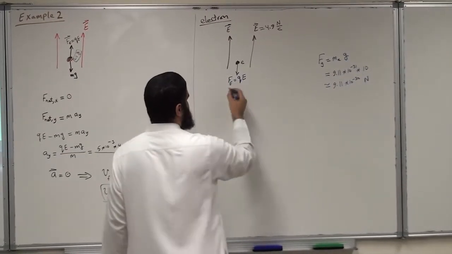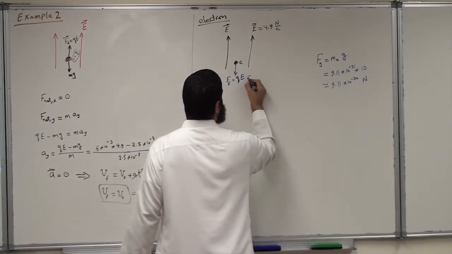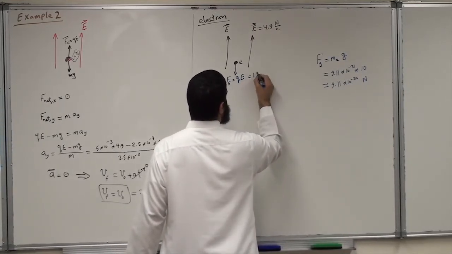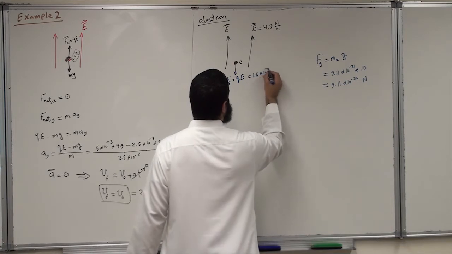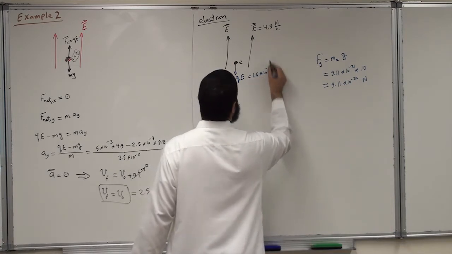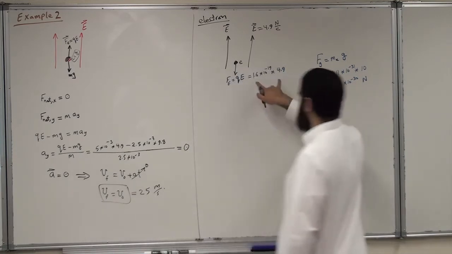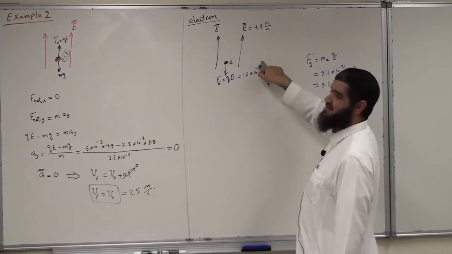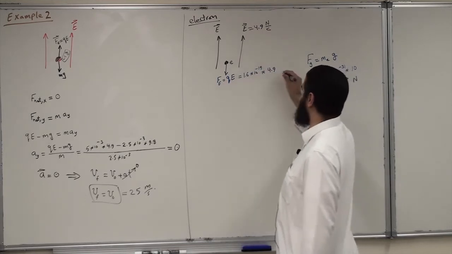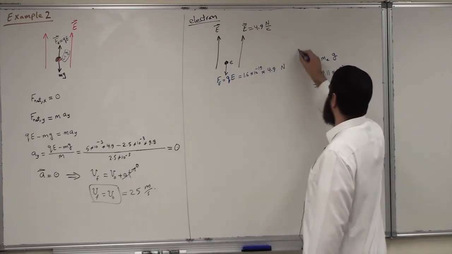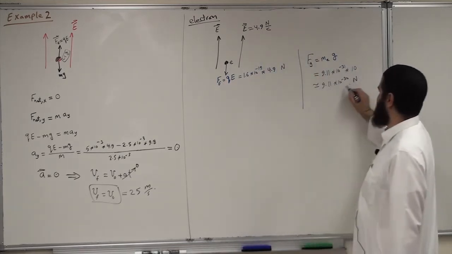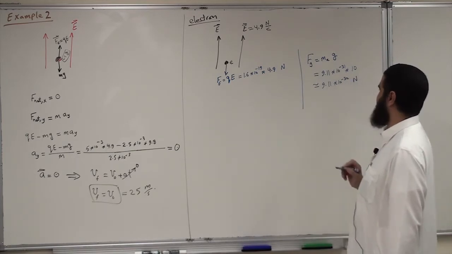So the electric force is how much in this case? It is Q, which is 1.6 times 10 to the minus 19, multiplied by 4.9. So this is something multiplied by 10 to the minus 19. This is the force in newtons. And here we have the gravitational force, which is 10 to the minus 30.